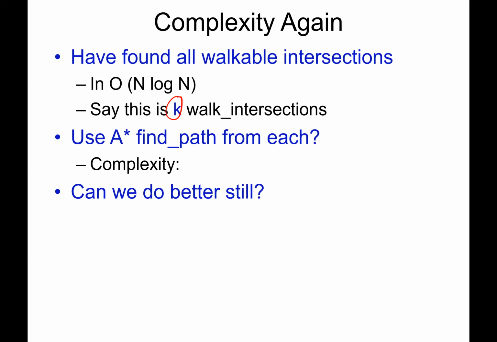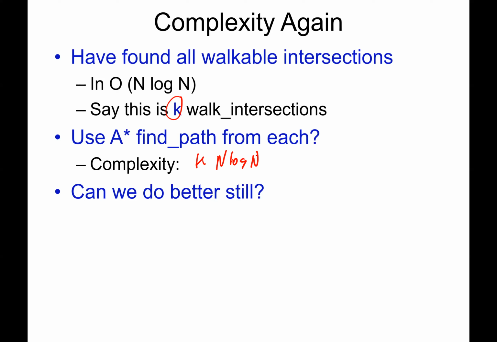But basically, we've done n log n work, and we found all of our possible walk intersections. There are k of them. For each one of those k walk intersections, we could invoke our A star algorithm. An A star algorithm is, again, n log n. So our complexity is actually still k times n log n.